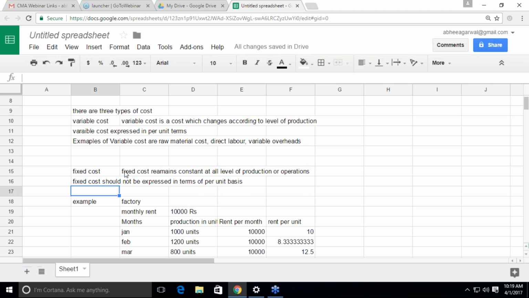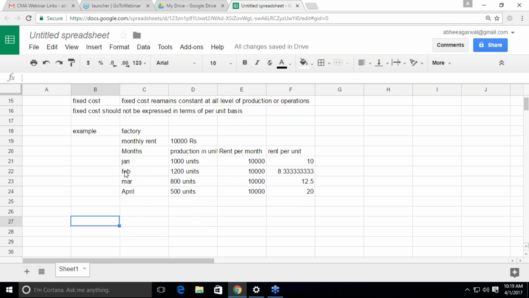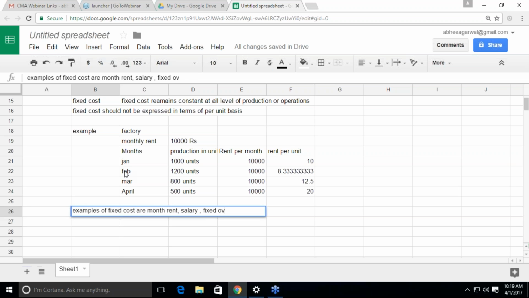Examples of fixed cost are monthly rent, salary, fixed overheads, cost not directly related to production. Generally, cost not directly related to production are fixed cost.